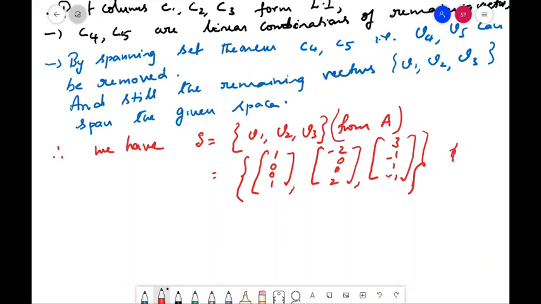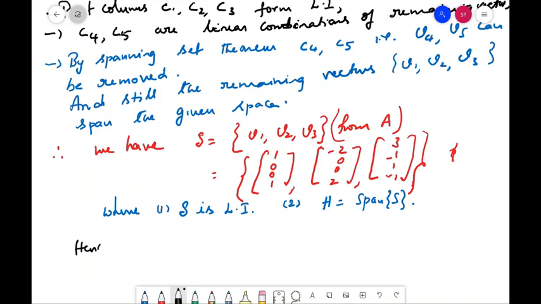This is S, and I can say S is linearly independent, and H is the span of S, because it is already given that H is the span of S. Hence, S forms a basis for H. This is how we find a basis from the spanning set using the spanning set theorem.